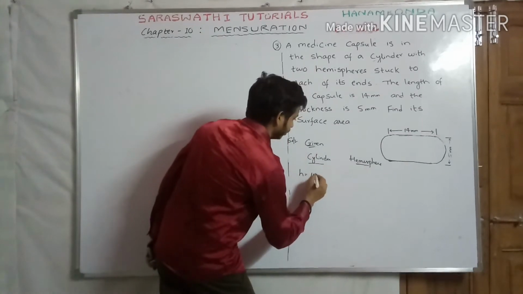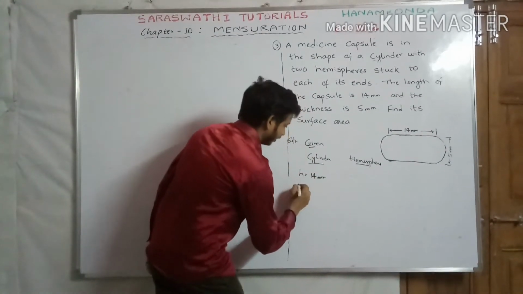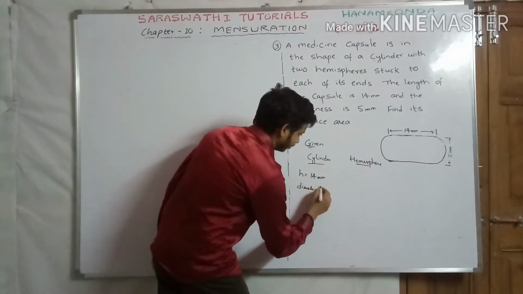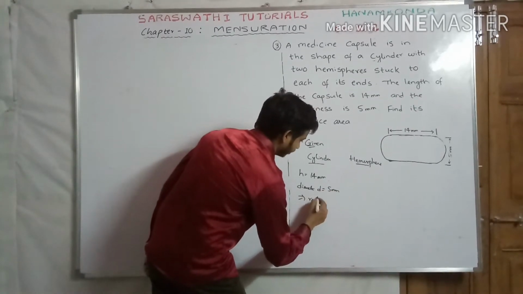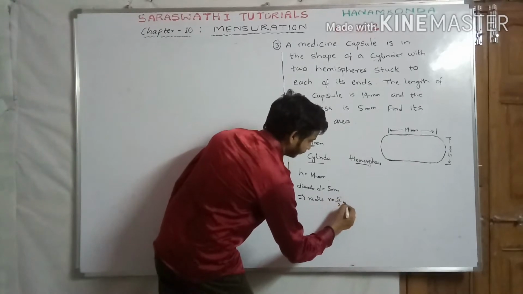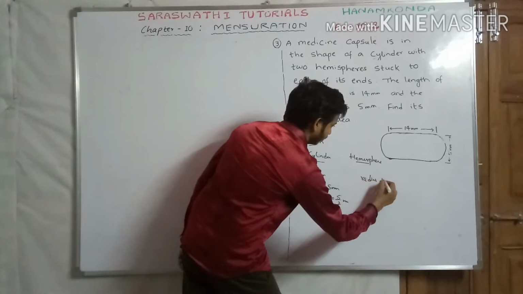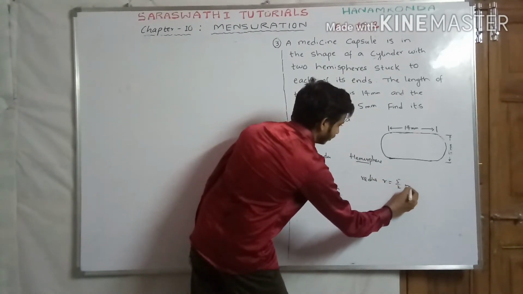That means height is 14 mm, and thickness is nothing but the diameter. So diameter d equal to 5 mm. So it implies radius r equal to 5/2 mm. Similarly, radius of the hemisphere is also r equal to 5/2 mm.